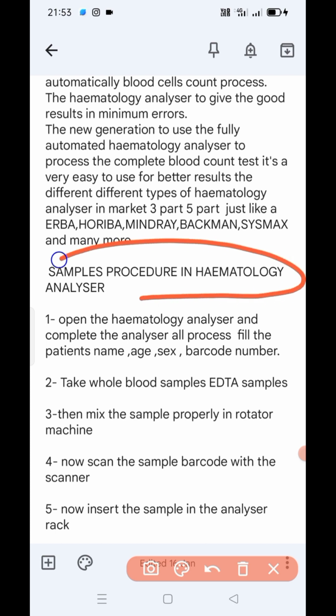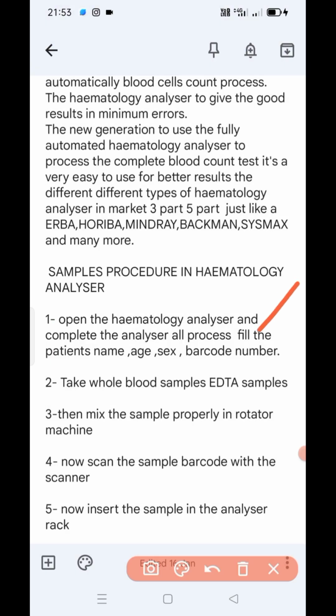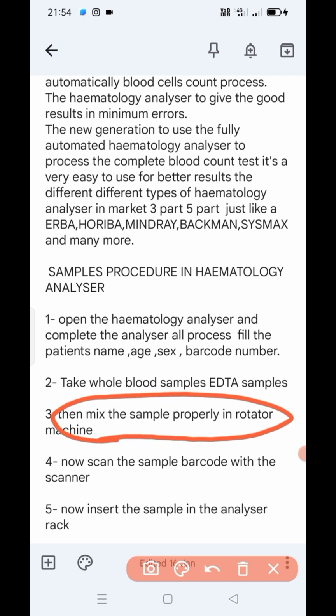Sample procedure in a hematology analyzer. First of all, open the hematology analyzer and complete the analyzer's startup process. Fill in the patient's name, age, sex and barcode number. Second, take the whole blood EDTA sample. Third, mix the sample properly in a rotator machine.